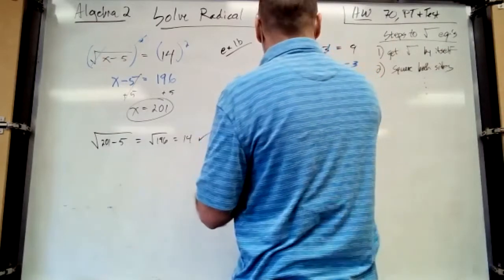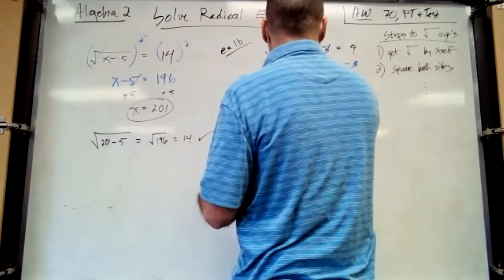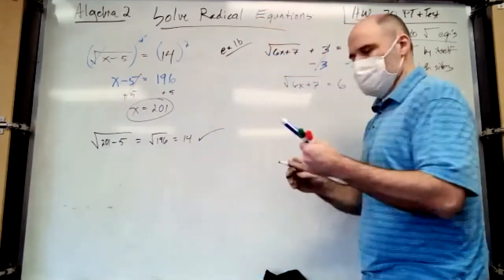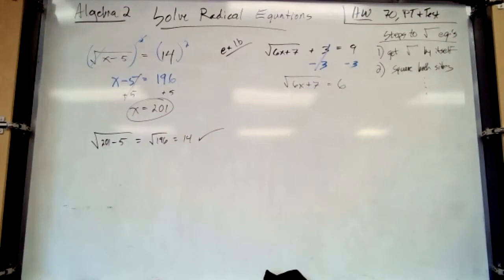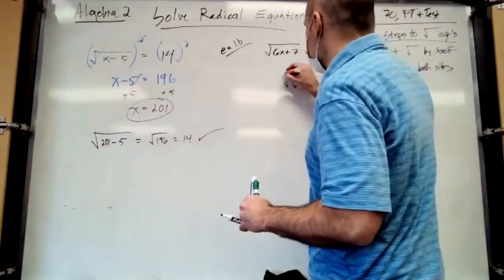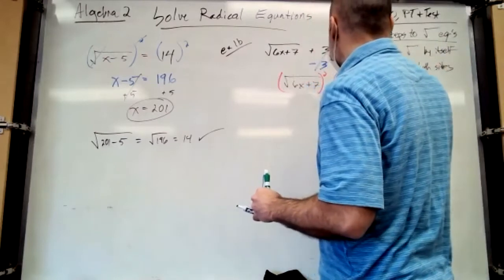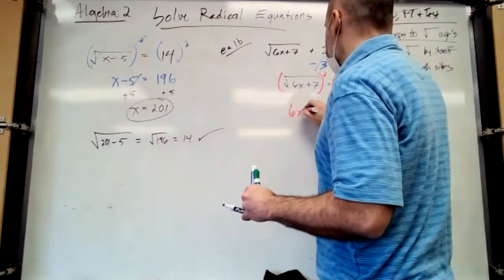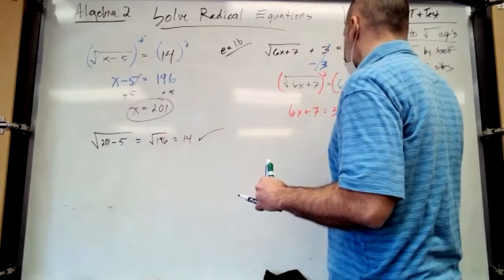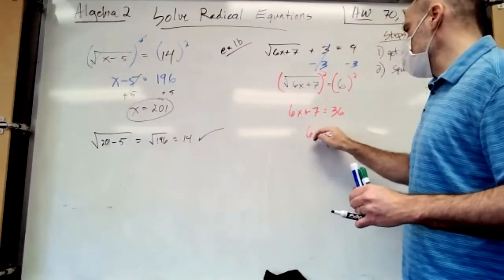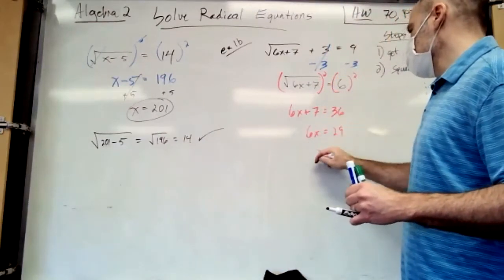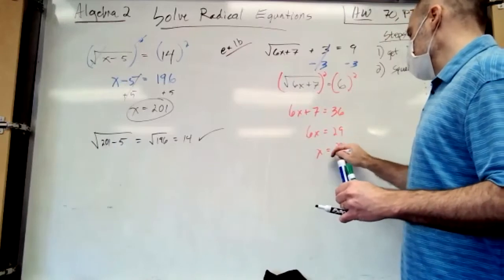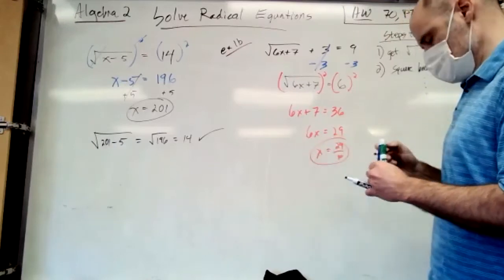So then you're left with square root of 6x plus 7 equals 6. Now we can square both sides and it doesn't give us more radicals. 6x plus 7 equals 36. Subtract 7, 6x equals 29. x equals 29 sixths, and you're done.